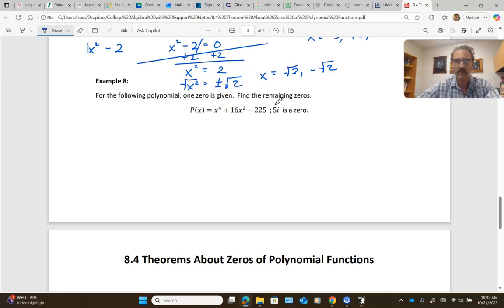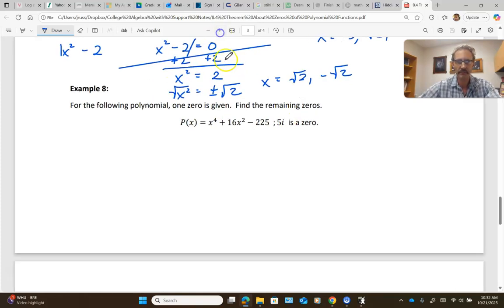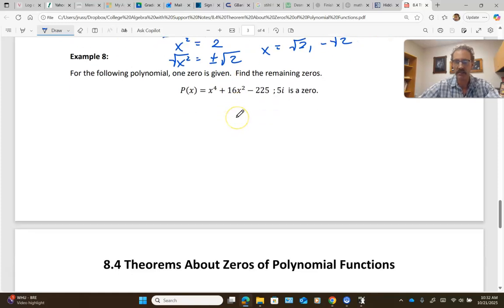So in a sense they're giving us two of the zeros, and since this is a fourth degree polynomial, that really just leaves us to find the other two. Alright, so what you want to do again is first verify that 5i is a zero, and then we'll go from there.